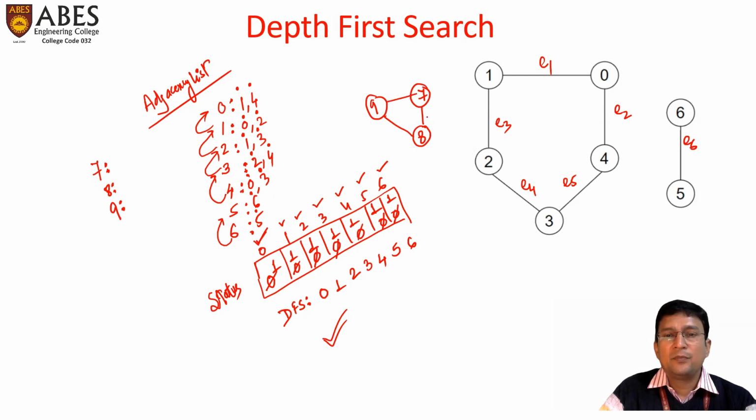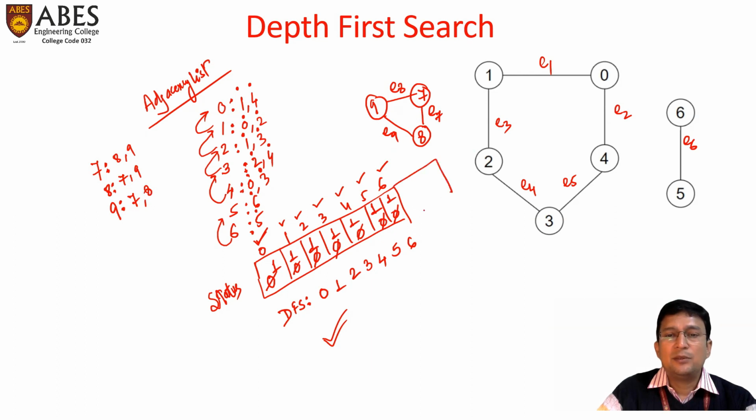Let's say this is E7 edge, this is E8 edge, and this is E9 edge. So from 7, we have a connection to 8, and from 8, we have a connection to 7. Corresponding to the E8 edge, the connection is from 7 to 9, and then from 9 to 7 as well. For E9 edge, the connection will be from 8 to 9 and from 9 to 8 as well.